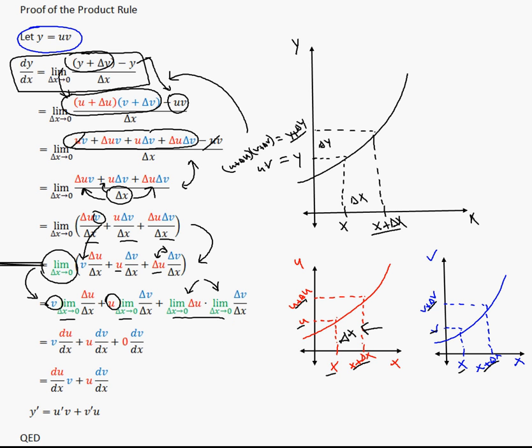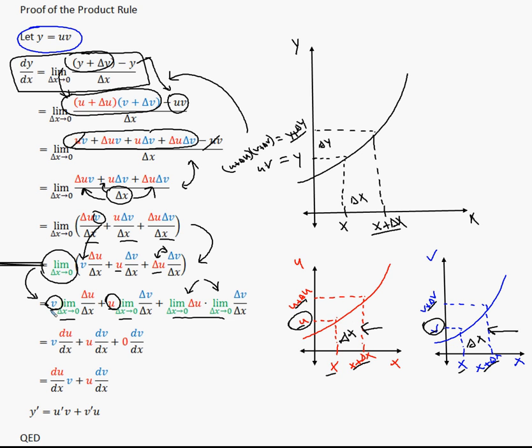No matter what delta x does, u just stays the same. And same thing, as delta x changes, v doesn't change. It just stays there. It's this line that moves as delta x changes. So that's why we can pull the u and the v out of those limits and get them out of there.